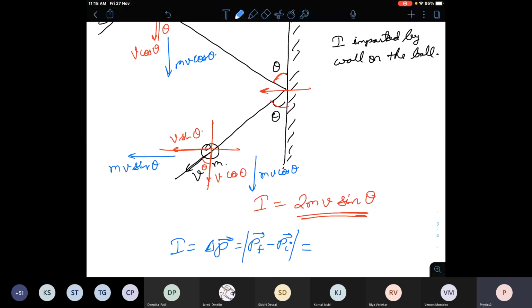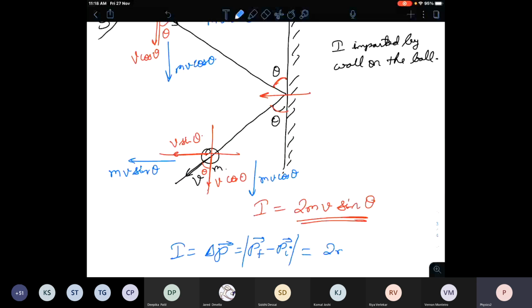So the change in momentum is minus mv sine theta minus mv sine theta, that is minus 2 mv sine theta, but we are talking about the magnitude, so it becomes 2 mv sine theta. This is the final impulse imparted by the wall on the ball. This is the amount of force required to change the direction of your ball by theta angle.